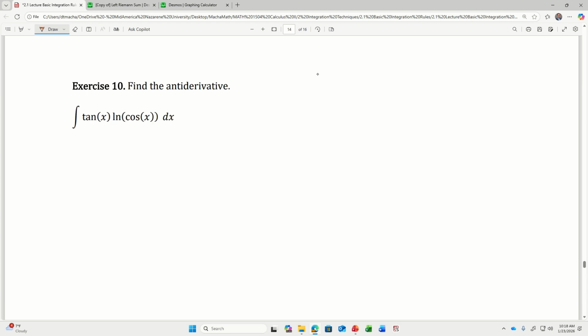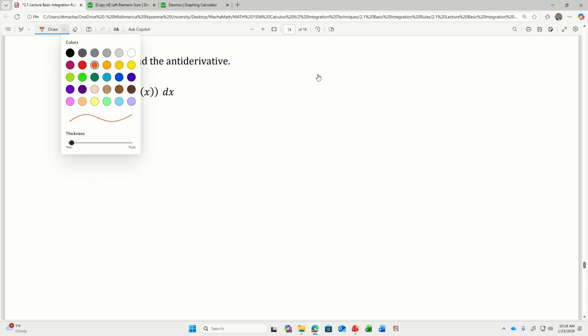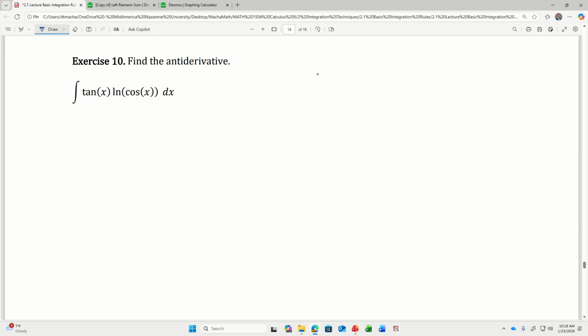This is a little bit more subtle. In this example where I've got tangent times natural log of cosine, that advice doesn't always work, because here I'm thinking this is the thing inside, right? I'm taking natural log of cosine. So what would it look like if I follow my own advice and I say u is equal to cosine? Well, the derivative of u with respect to x would be negative sine of x.